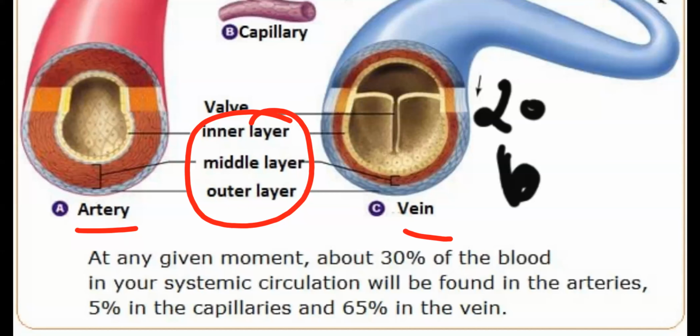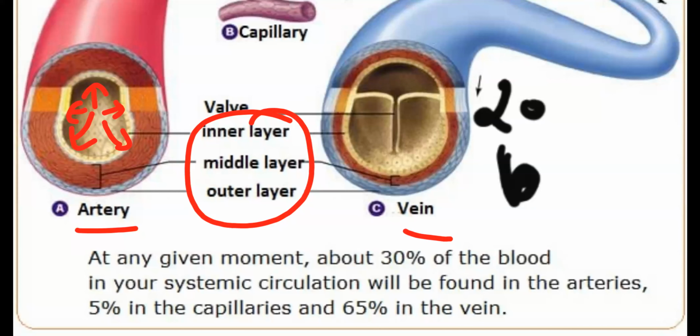When blood is coming in the arteries, it is blood that is being pumped by the heart, so it comes with immense pressure. This pressure is exerted on the wall of the artery from inside, and it can rupture the artery. So to resist that pressure, it has a very thick wall, which is made up of smooth muscles and elastin fibers. A lot of elasticity it provides.